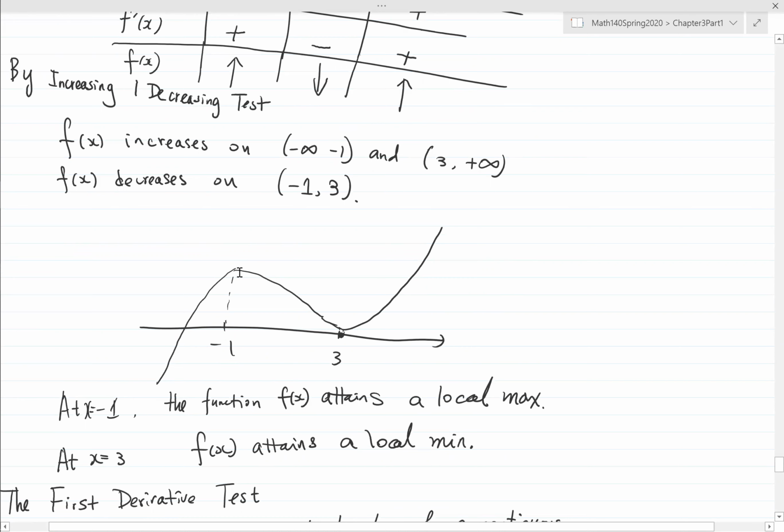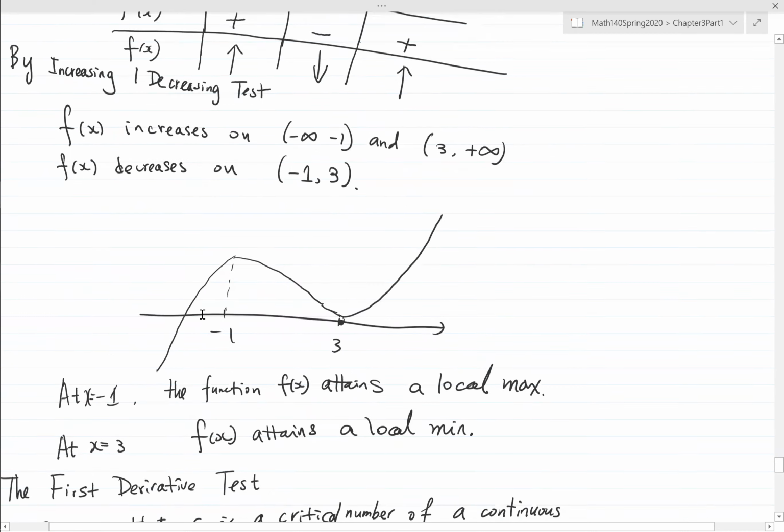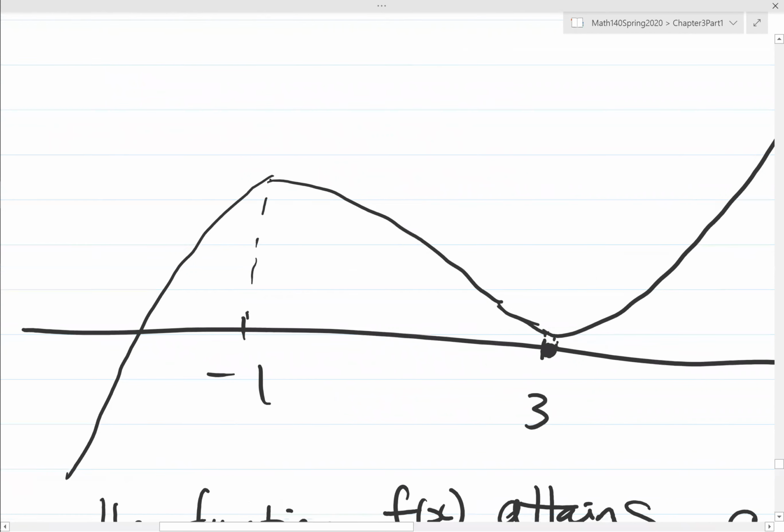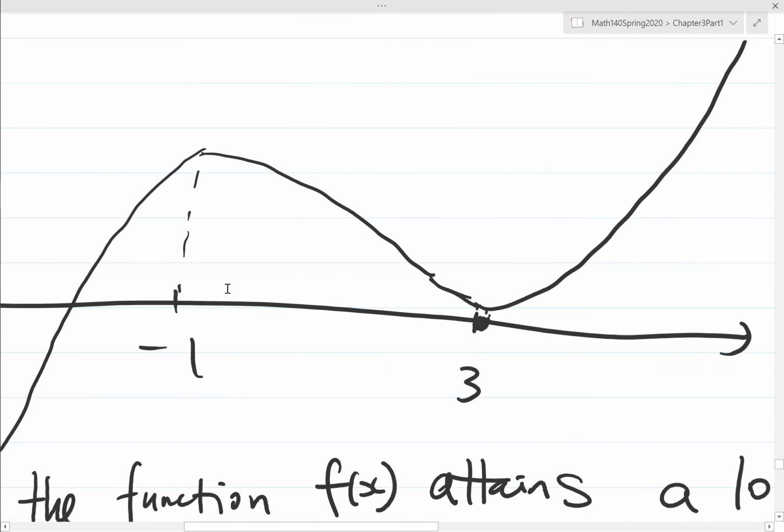Now you see, if we have a local max, for instance in this graph, at the local max x = -1, on the left side of -1, we know the function is increasing, okay? So its derivative should be positive. On the right side of -1, it's decreasing, so its derivative should be negative by the increasing decreasing test.